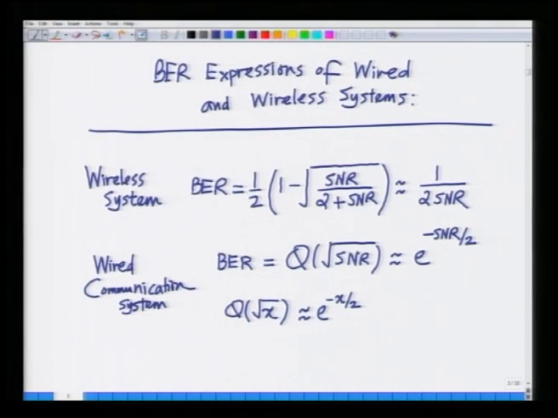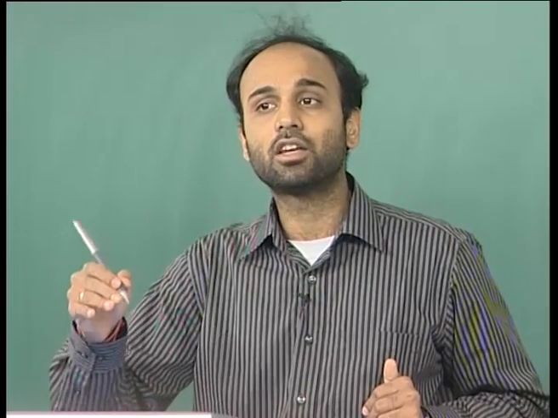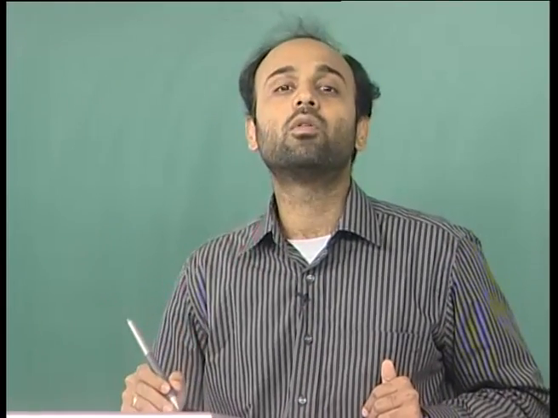So, it is decreasing exponentially in SNR. That is the reason the bit error rate in a wired communication system is much lower than that of a wireless communication system, because in a wired communication system, bit error rate is decreasing exponentially, and in a wireless system, bit error rate is decreasing only as 1 over SNR.